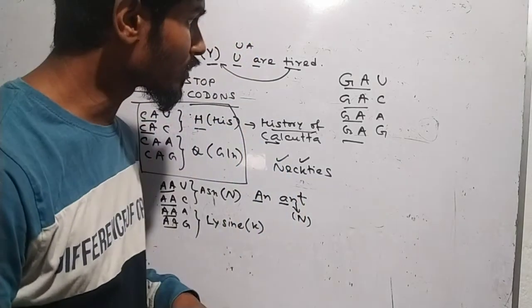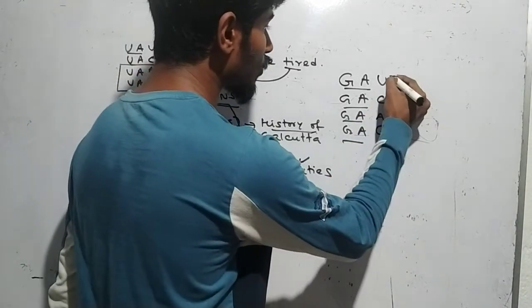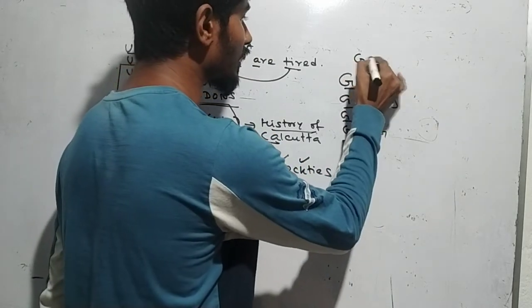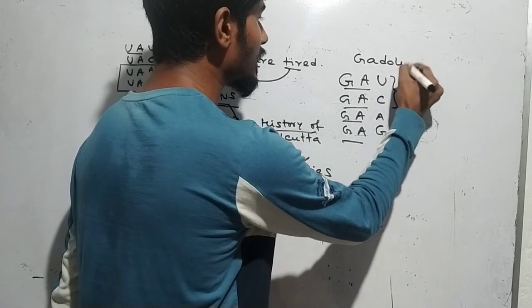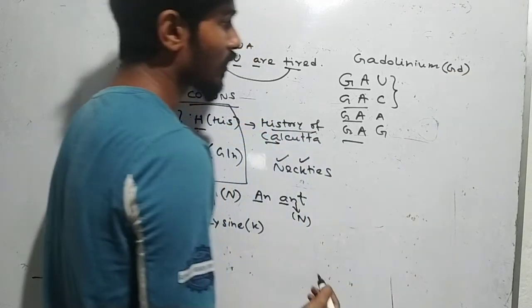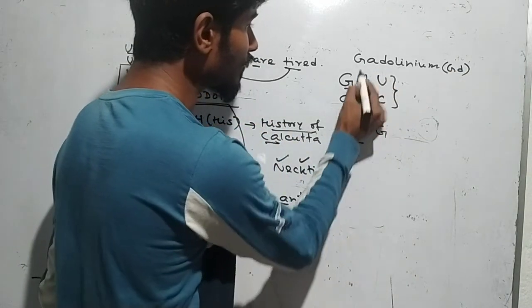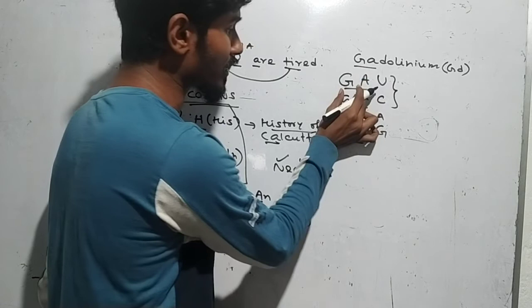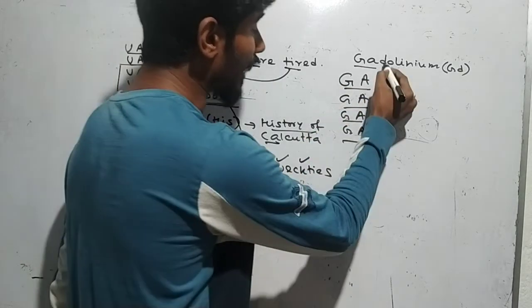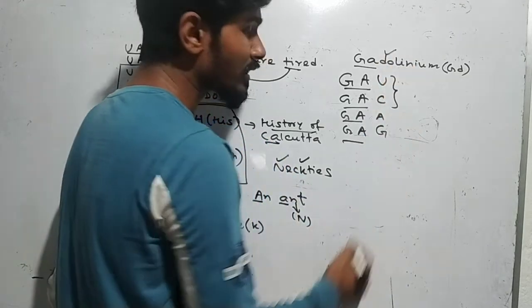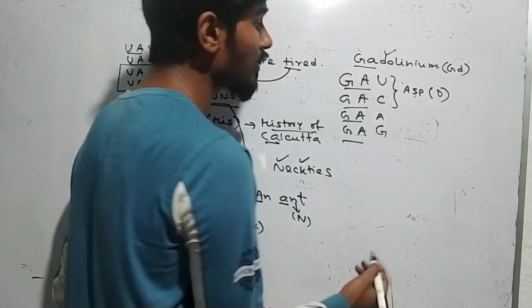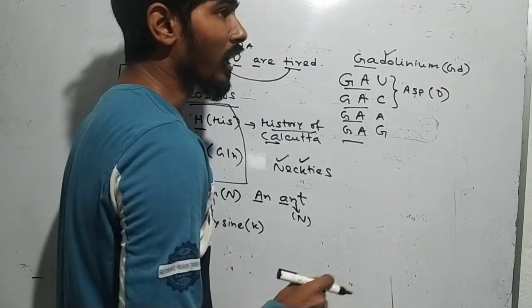Okay, so if you want to check, you can go and check. So if you want to remember what amino acid is there, just remember this gadolinium. Okay, and it is Gd. Now gadolinium, G and A is present as the first and second letters respectively, and here you can see that there's D. D means aspartic acid, so ASP, and you can write it here as the single letter abbreviation.